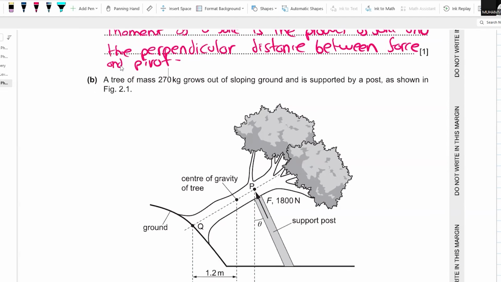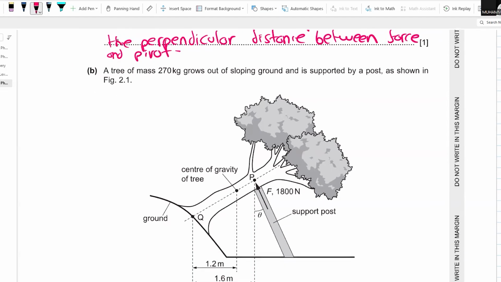Let's further move ahead. A tree of mass 270 kg grows out of a sloping ground and is supported by a post as shown in figure 2.1. So there is a tree supported from the ground. It has a mass of 270 kg.